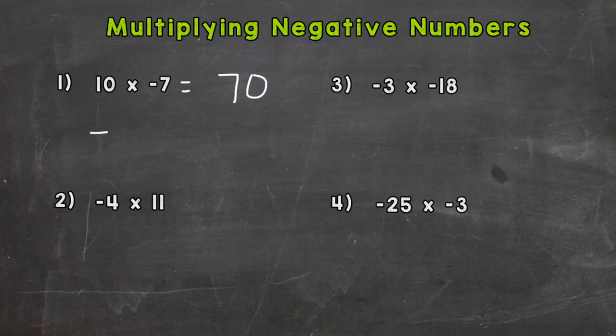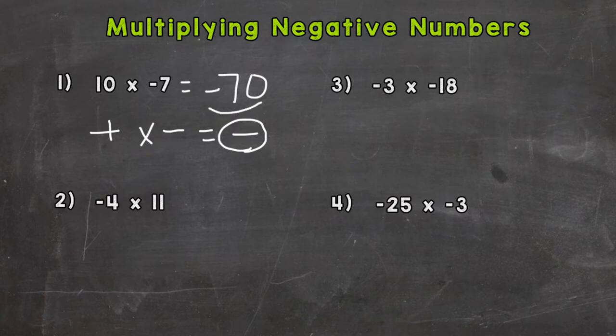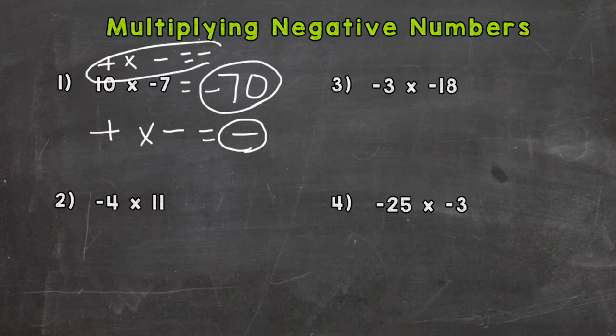Whenever we have a positive number times a negative number, our answer is going to be negative. So this is actually going to be a negative 70 because we have a positive times a negative. And that gives us a negative answer. So for number 1, 10 times negative 7 equals negative 70.